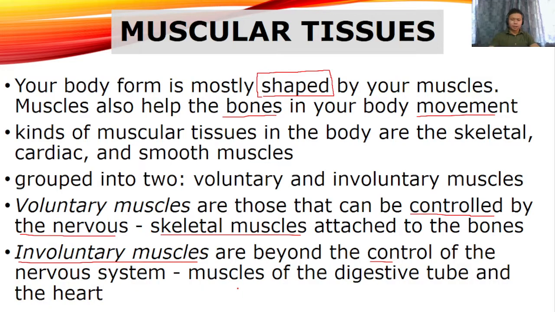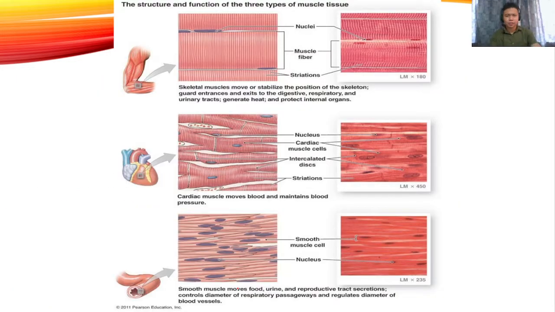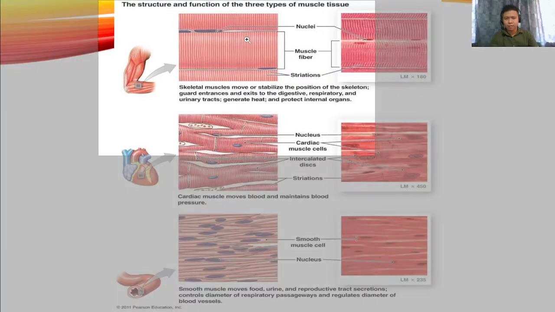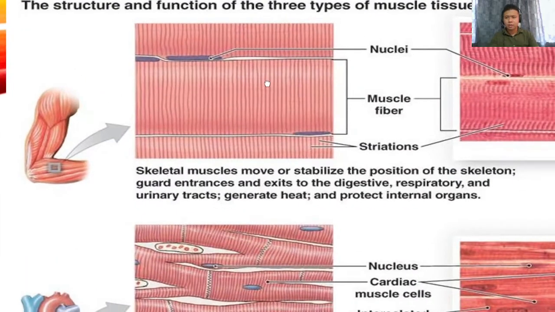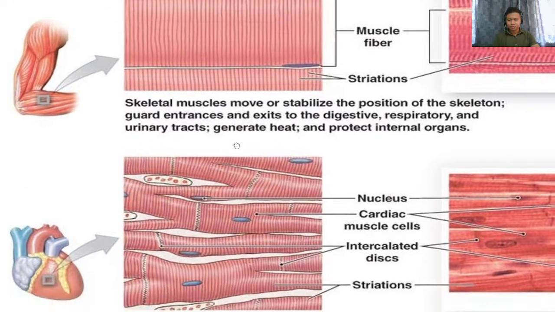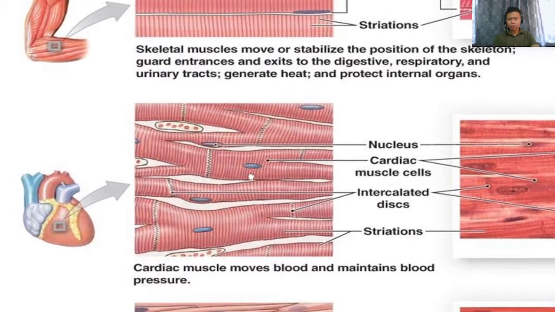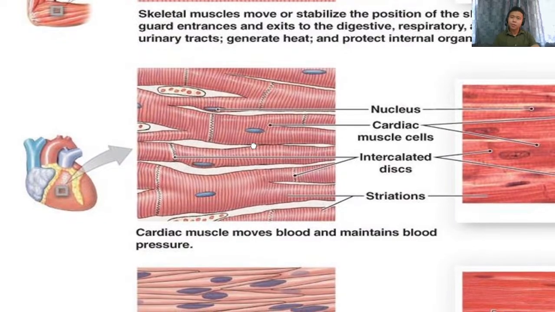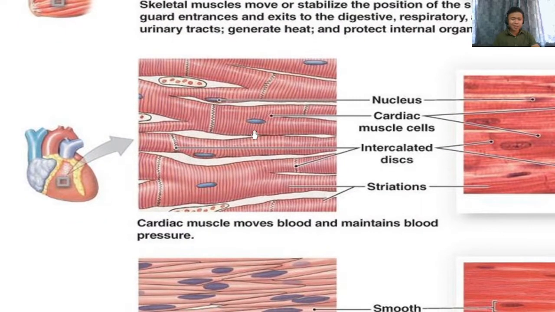So muscular tissues are categorized into three types. First, we have the skeletal muscle. They usually move bones, move the body, of course with the help of the joints. Without joints, it can't move.